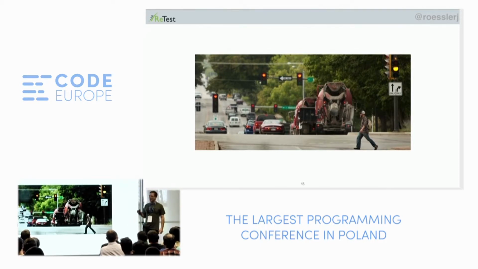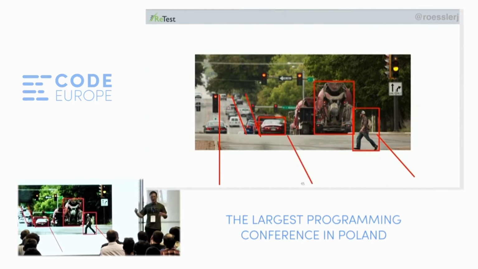If you happen to have a self-driving car that operates on visual inputs, it has such a scenery, and it needs to visually analyze the scenery to understand where it currently is, where it's going, what objects there are that it needs to avoid crashing into, what traffic signs there are, what traffic lights there are, which of those six traffic lights is responsible for my current situation, which lane and which part of the road I'm on, and what color the traffic light has, and all of this in real time, because it doesn't help you if the car says, there was a red traffic light just a couple of 100 meters ago.